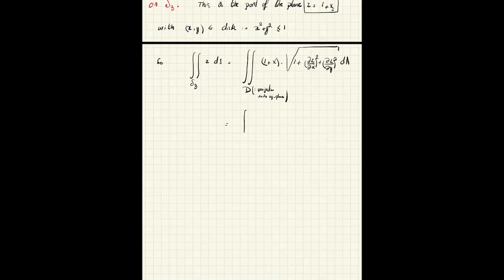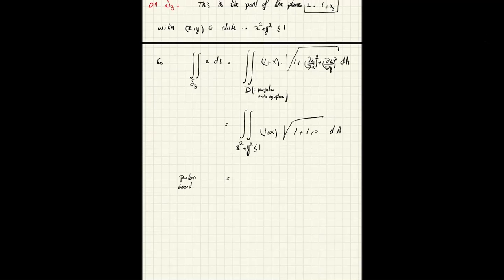So this will be the integral over x squared plus y squared less than 1 of 1 plus x. You compute dz/dx, dz/dy, it will be the square root of 1 plus 1 plus 0 dA. Okay, now it's an integration over a domain. Now it's a disk, and whenever you have a disk, you go to polar coordinates.